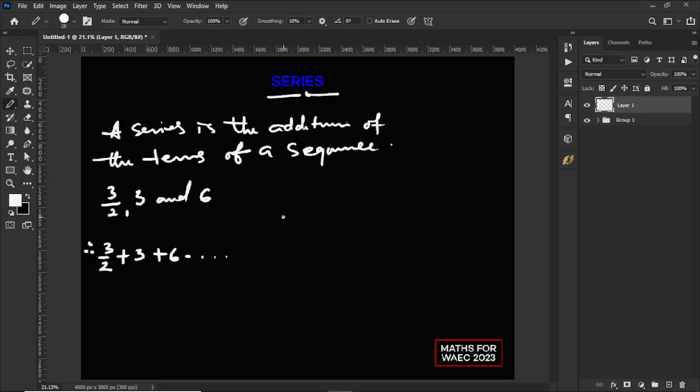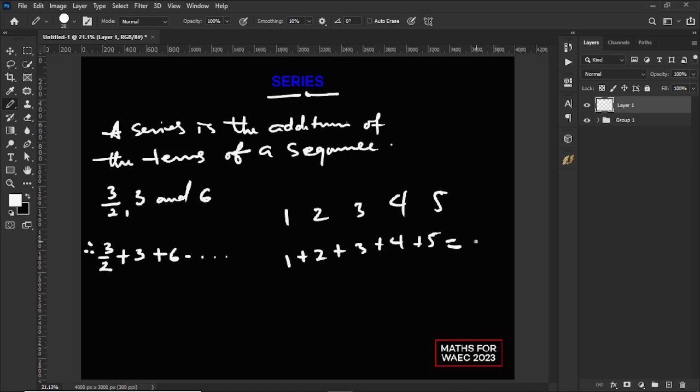If I have 1, 2, 3, 4, 5 and I say find the series of this, the series is just 1 plus 2 plus 3 plus 4 plus 5. There's nothing like equal to 20 there. Sorry, 15.